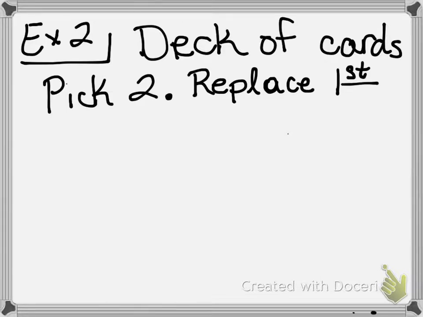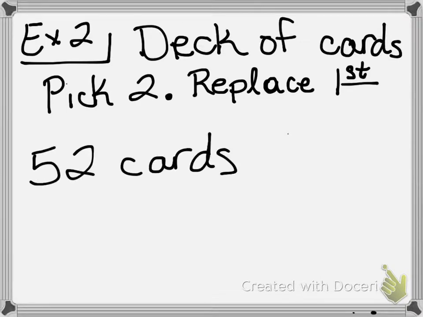Now, just making sure we all know, in a deck of cards, there are 52 cards. There are 4 suits: hearts, diamonds, clubs, and spades. And every suit has ace, 2 through 10, jack, queen, king. So there are 52 cards total, so make sure you just keep that in mind.